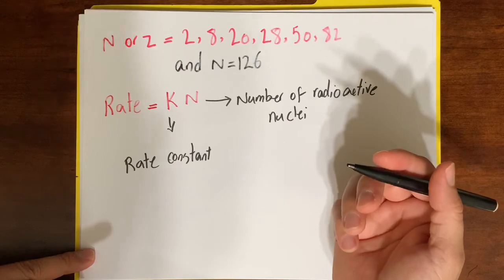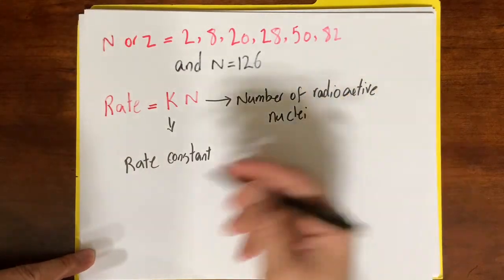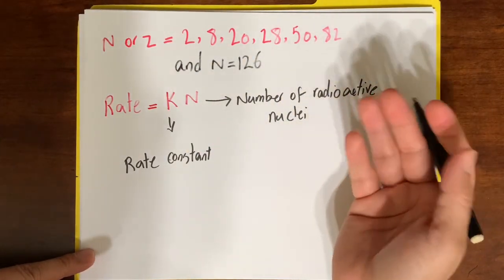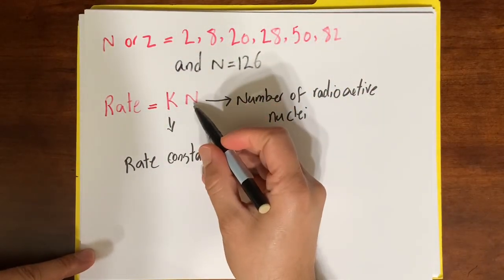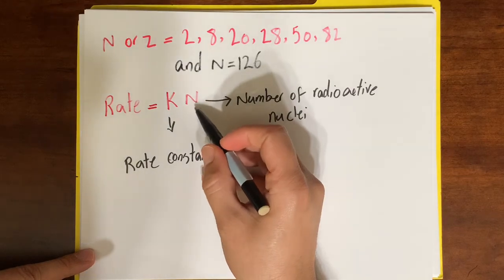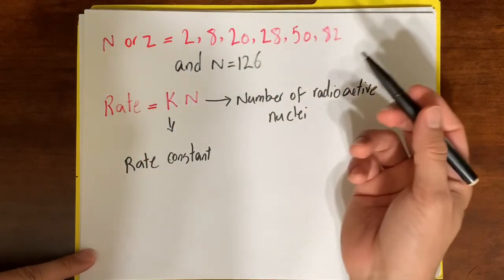This is a first order equation, and because it's a first order reaction, if you double the concentration of N, or number of N, the rate is going to be 2 times faster.